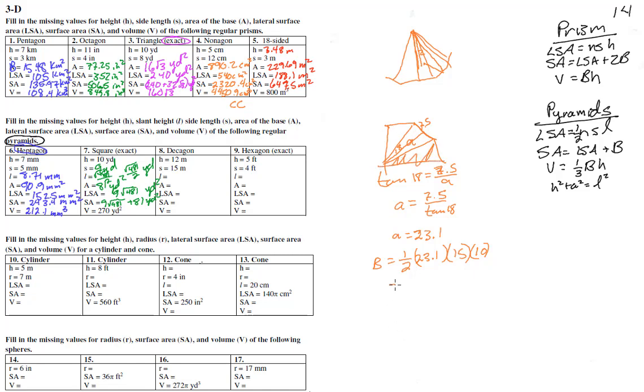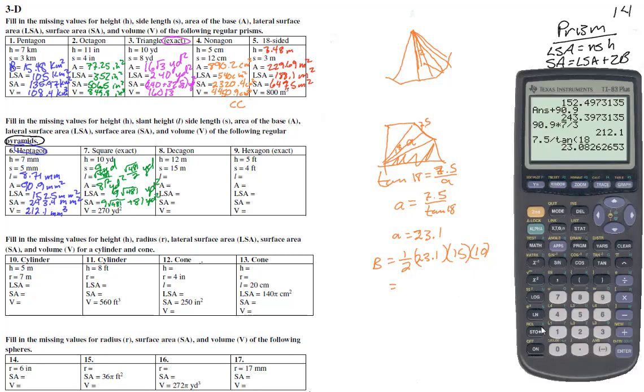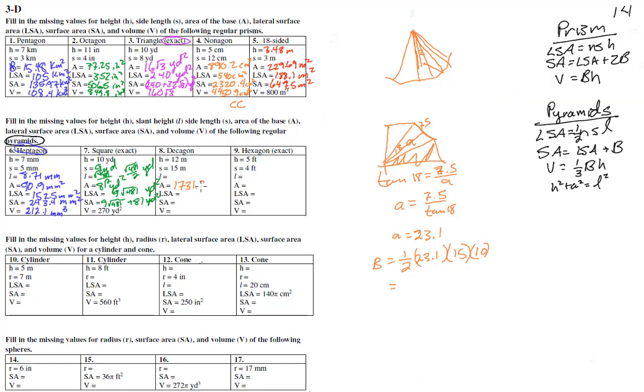So let's punch that into the calculator, and we get that times 0.5 times 15 times 10. There we go. And that is 1731.2. And that's going to be in meters. So that's the area of the base.